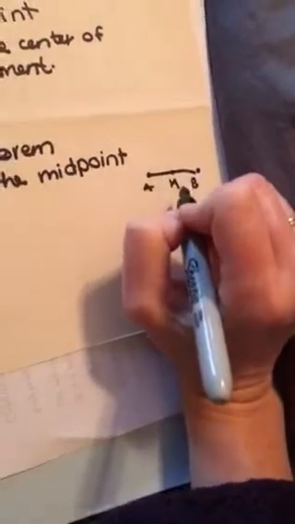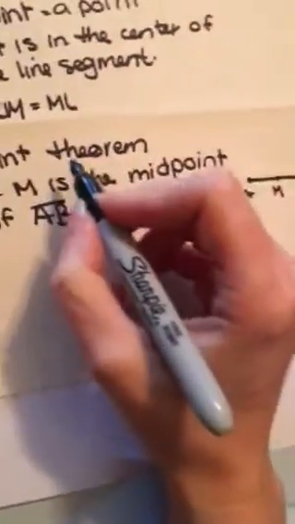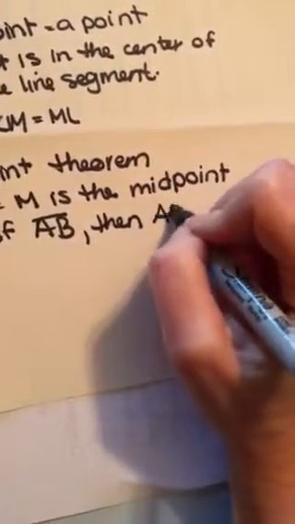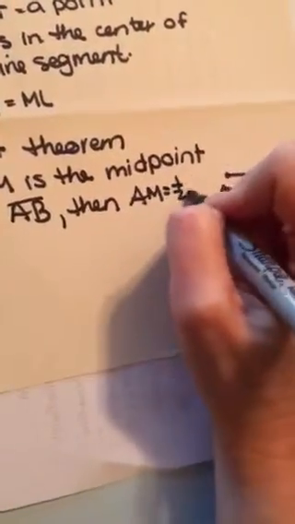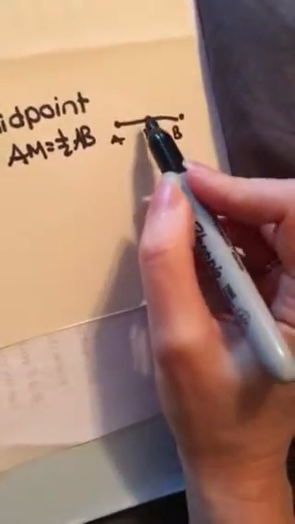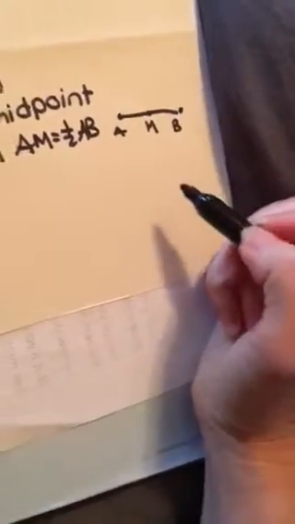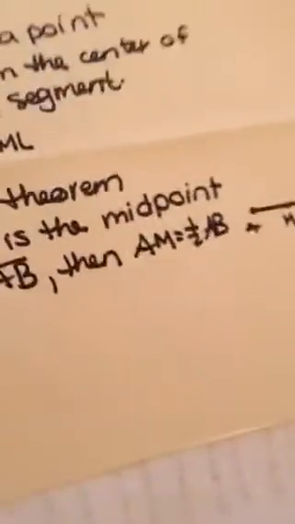So if M is the midpoint of AB, then AM is going to equal half of AB. That means that if M is the midpoint, this section is going to equal half of the whole thing. And they go ahead and prove that over here on page 94.